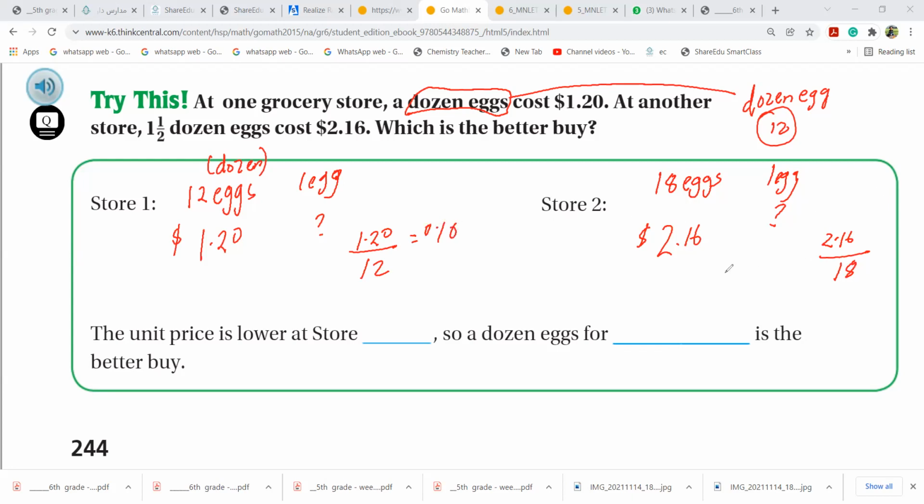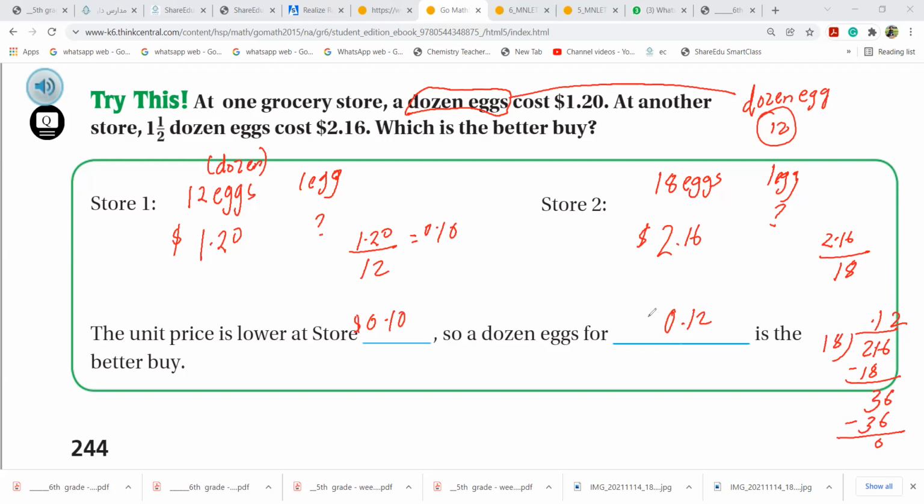And this one, if I do 216 divided by 18, 18 times 1, 18, 18 times 2, 36. So you have 12. That means point before two numbers, again, you have 0.12 and you have 0.10.